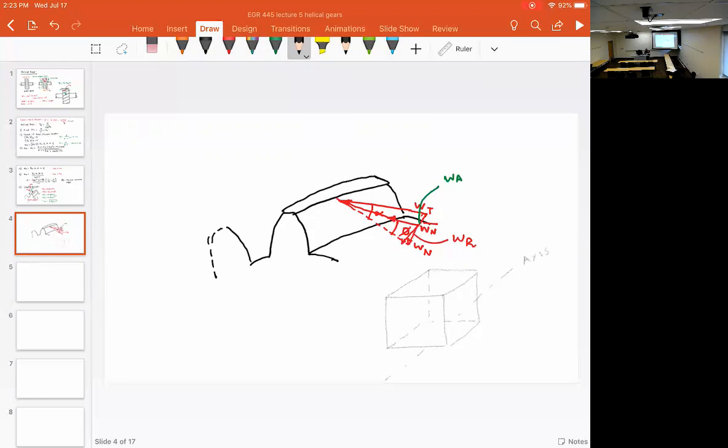And you have one force which is Wt. So this is going to be Wt. Actually, this is Wt.